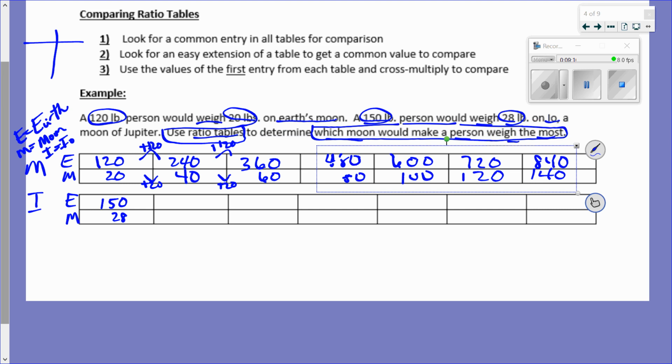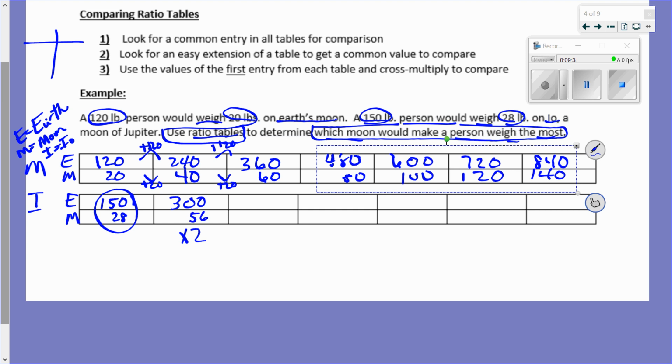What am I multiplying by? 2. Because it's my second entry, I'm going to multiply both of my initial numbers by 2. So I'm going back to, and remember, when we do multiplicative, it's always about coming back to my initial entry. So I'm going to multiply both of those numbers by 2.